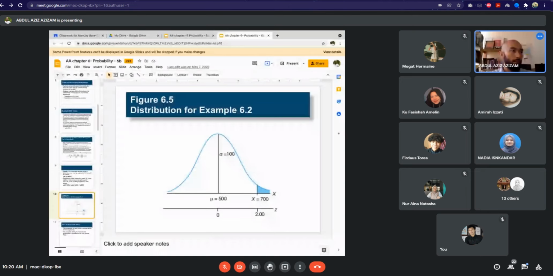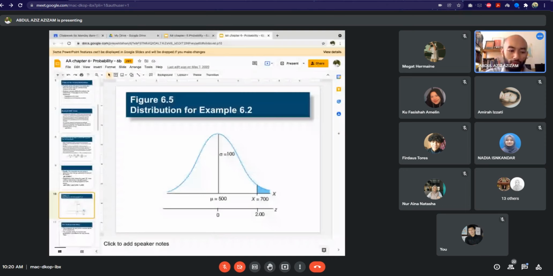Dalam unit normal ni, dia ada benda yang you kena tengok, which is kita nak tengok kawasan mana yang kita nak tengok. Faham tak ni? Satu, cara kira macam mana kita dapatkan z tadi tu equal to 2. Dan sekarang ni kita nak determine area, shaded area ni. Mana kita nak determine area ni?